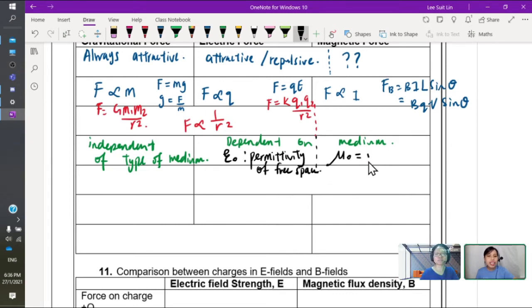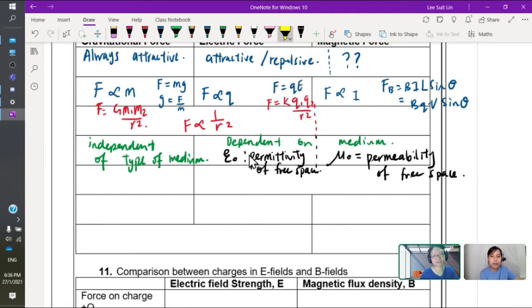Then for magnetic field, we have mu naught, which is the permeability of free space. These two constants you can find on the first page of every question paper in the data and formula sheet, with a certain value there. So make sure you know how to find it when you're doing calculations.